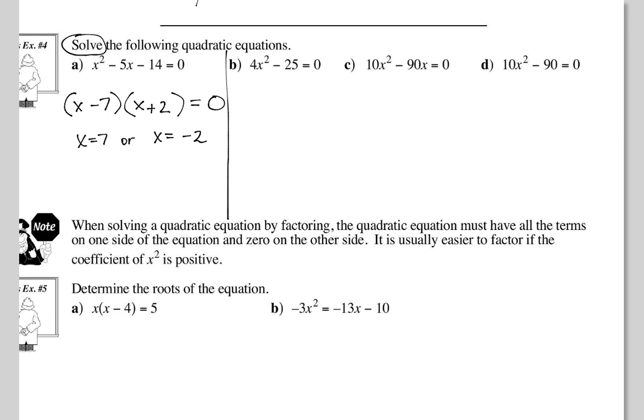What value of x will make the left side 0? Well, a plus 7, because then you have 0 times 9. No, because it ends up as a minus 5. So you need a minus 7 and a plus 2.